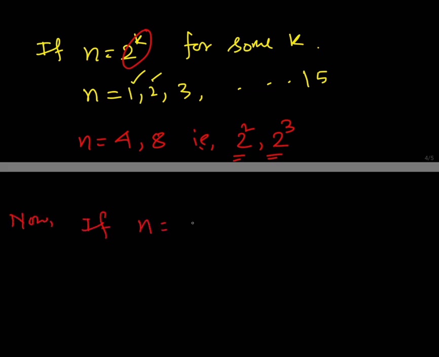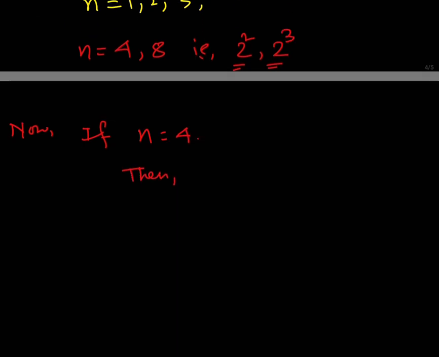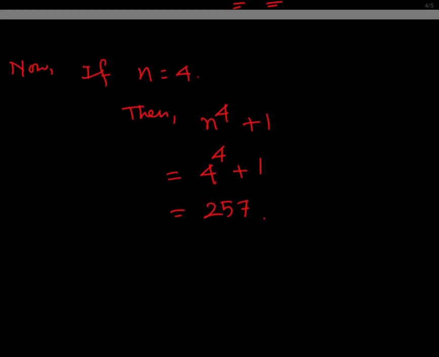If n equals 4, then 4 to the power 4 plus 1 is equal to 257. It is very easy to show that 257 is prime. So we got another prime.